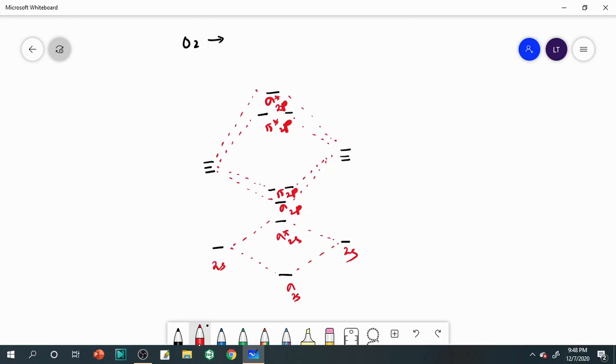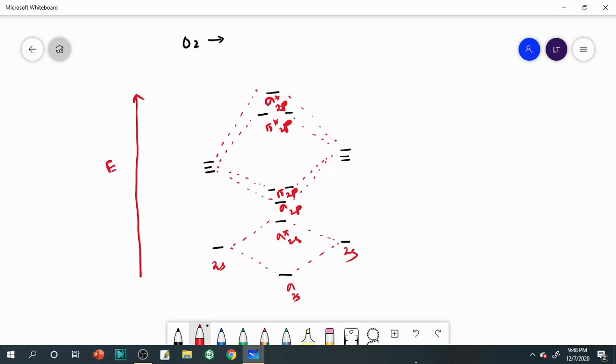Okay, sigma star 2p. So this is the relative energy level diagram for oxygen onwards, homonuclear diatomic species.